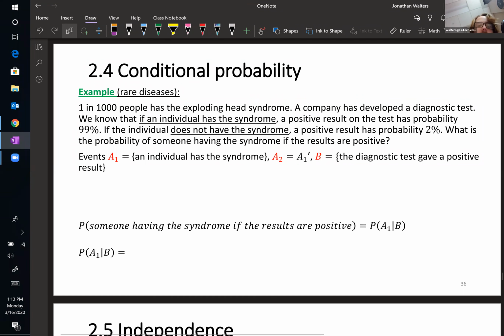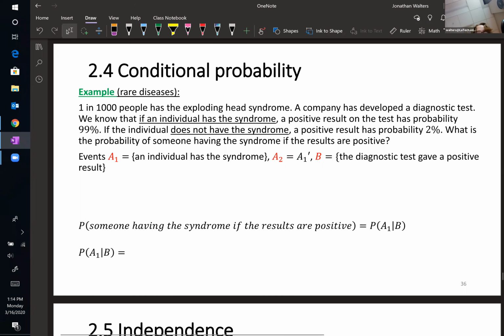Hopefully that's fewer than one. But a company has developed a diagnostic test. We know that if an individual has the syndrome, a positive result on the test has probability of 99%. So given that you have it, we can pretty much know if you do.